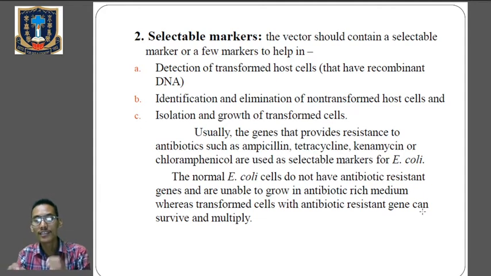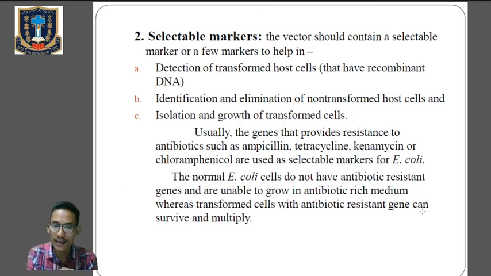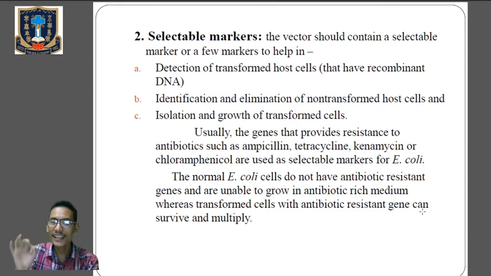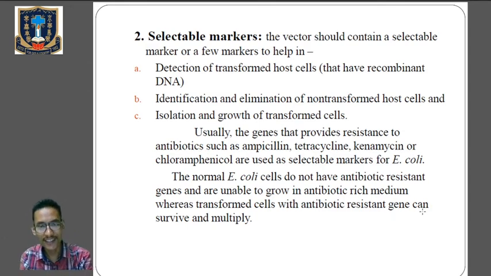So what does this mean? Listen very, very carefully. We are saying that antibiotic resistant sites can act as the selectable markers. So E. coli cells, bacteria, do not have any antibiotic resistant genes. So if we put the bacteria into a culture plate, let's say we are taking two culture plates.